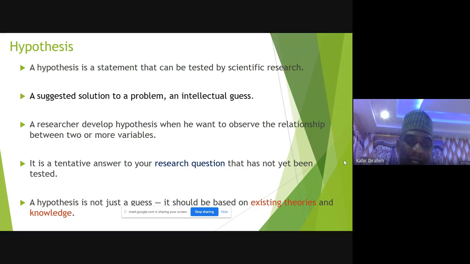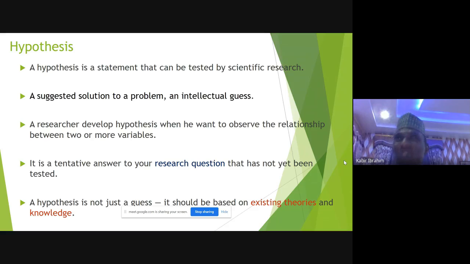So whenever you want to develop a hypothesis, it means that you want to observe the relationship between, for example, the dependent variable and the independent variable. It is a tentative answer to your research questions that has not yet been tested, as I stated earlier. A hypothesis is, as said, an intellectual guess.